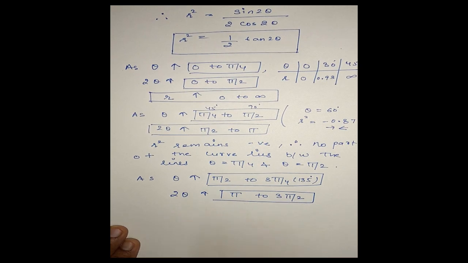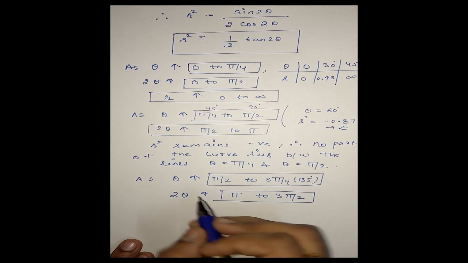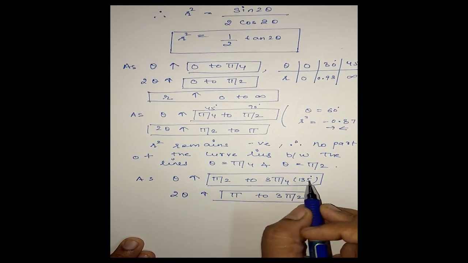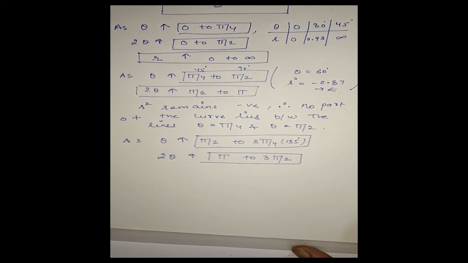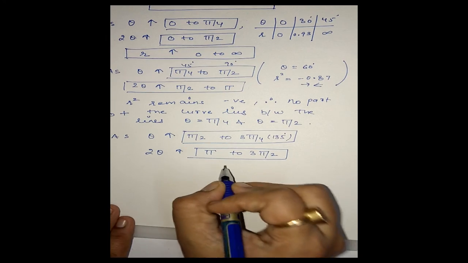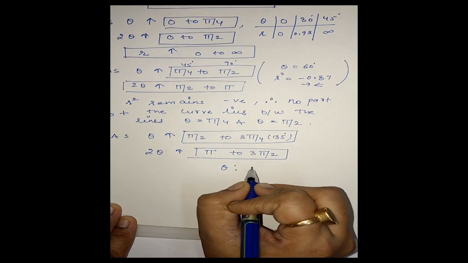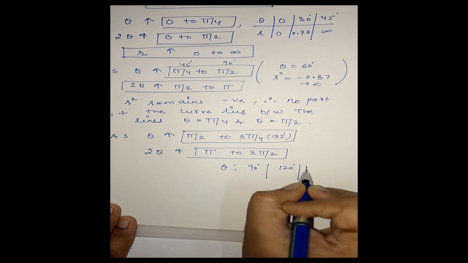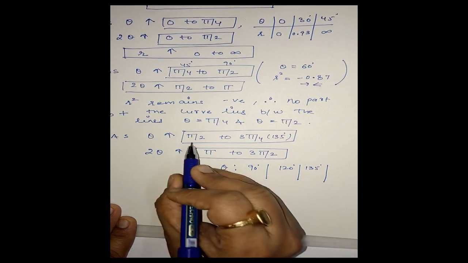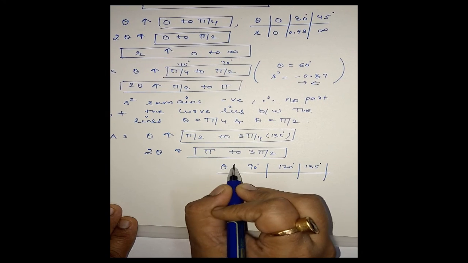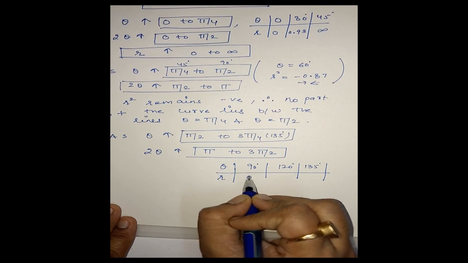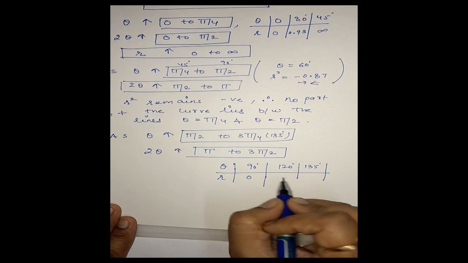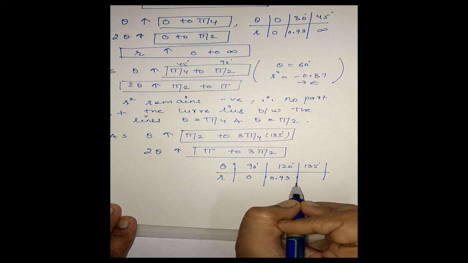For example, if I take θ to be 90, 120 and 135 in this interval, then the value of r is 0, 0.93 and infinity.